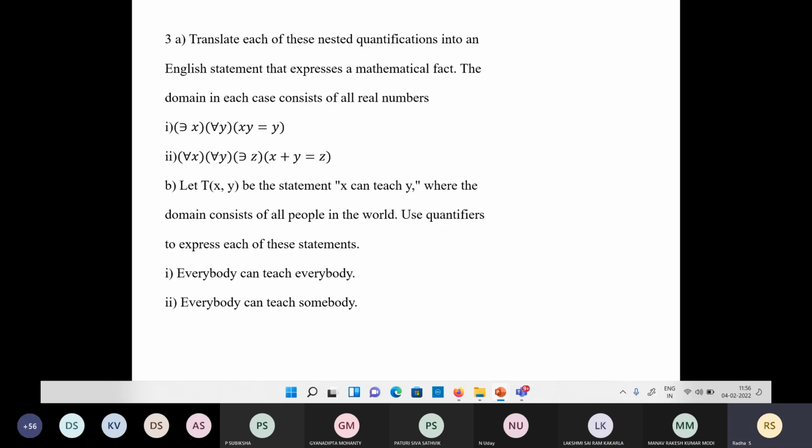Now, can you please translate this first sentence? There exists x for all y, x into y is equal to y.